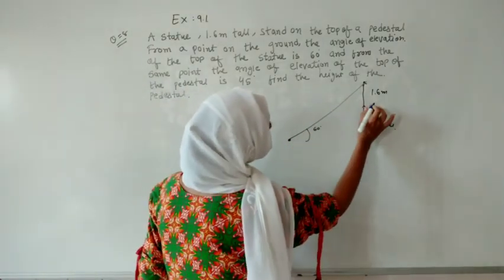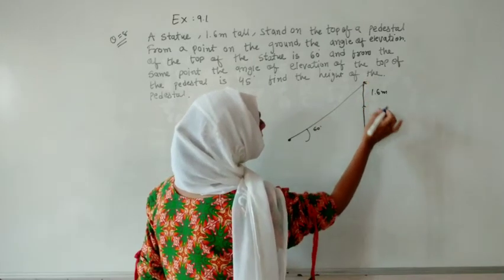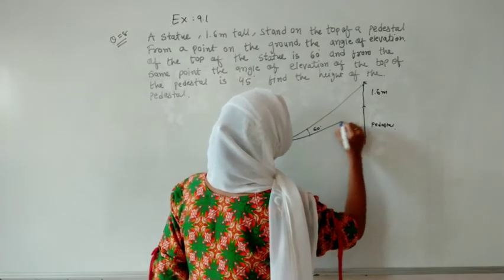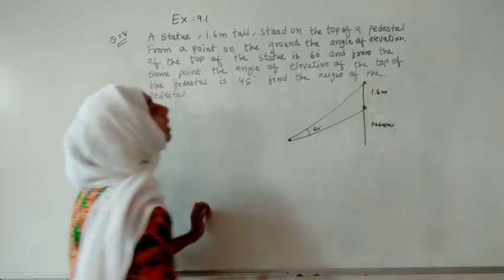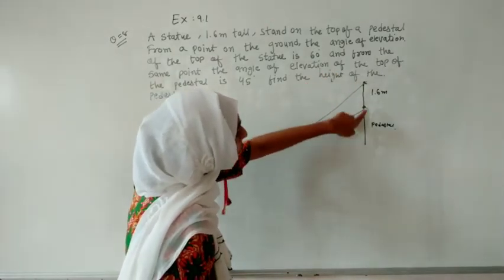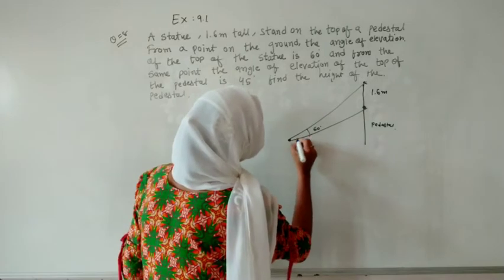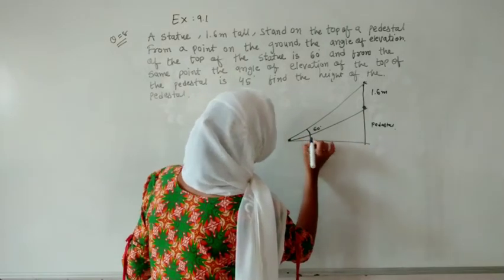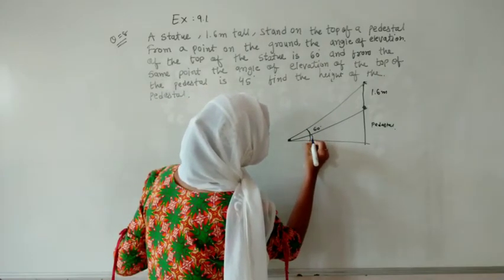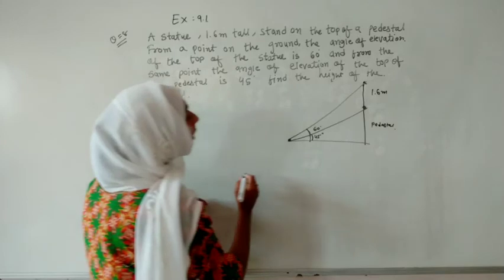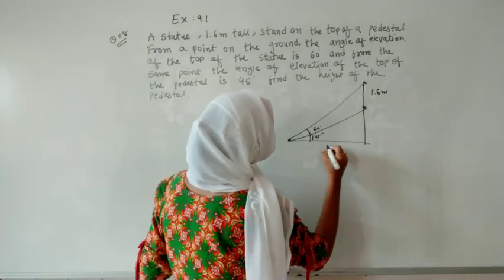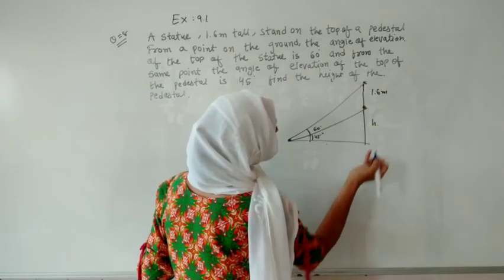So they did not say that we are looking at the bottom of the statue, they said the top of the pedestal. So the meaning is the same. The bottom of the statue and the top of the pedestal have the same meaning, and as I told you, when we look lower the angle will decrease, so it becomes 45. It means they gave this smaller angle as 45 degrees. No new data has been given to us, so let us guess it. Let me take this one as H.